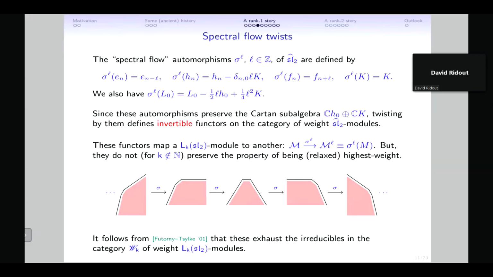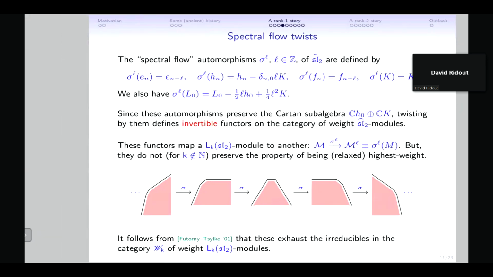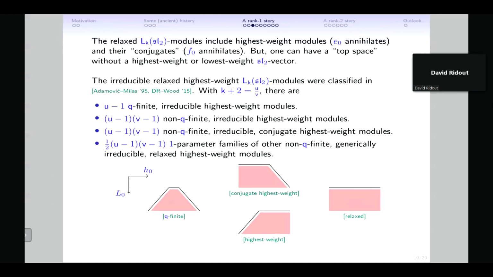Okay. David, can I ask a question just so I get the right sense of the word conjugate? Do you tend to mean it like conjugating by an element of the finite Weyl group, or more like a spectral flow translation? In this case, what we're doing is we're twisting a highest weight representation by the non-trivial Weyl reflection of finite SL2. Ah, okay.